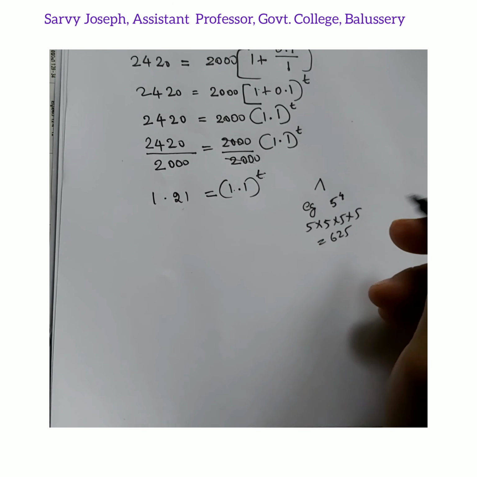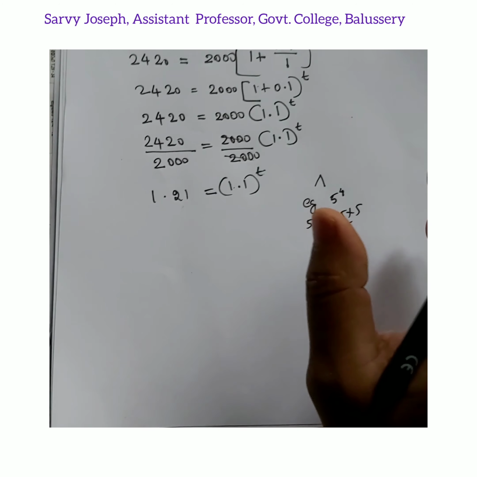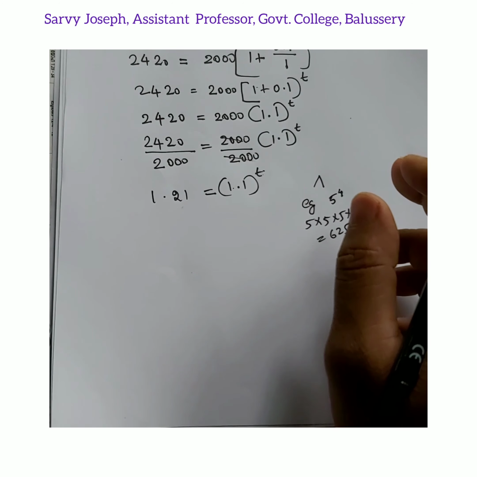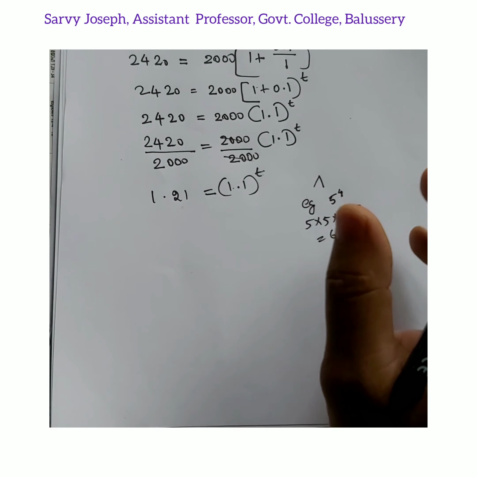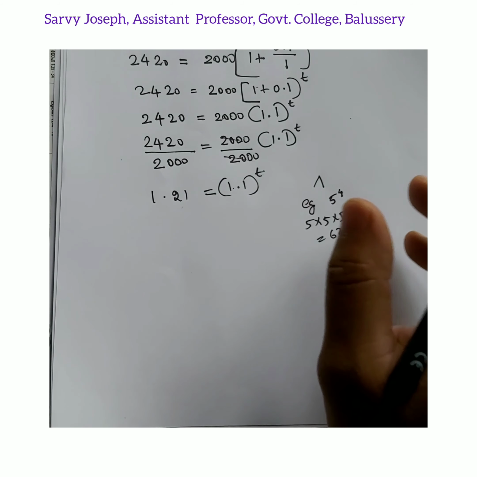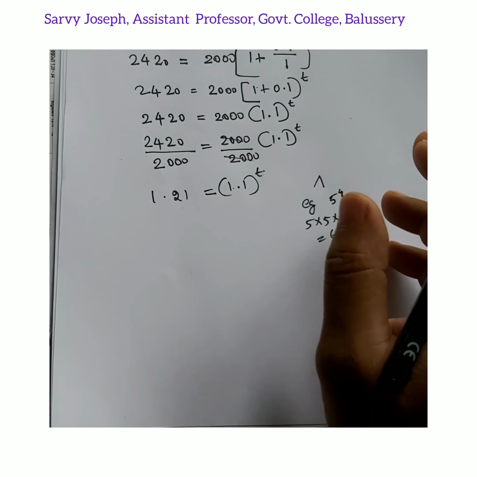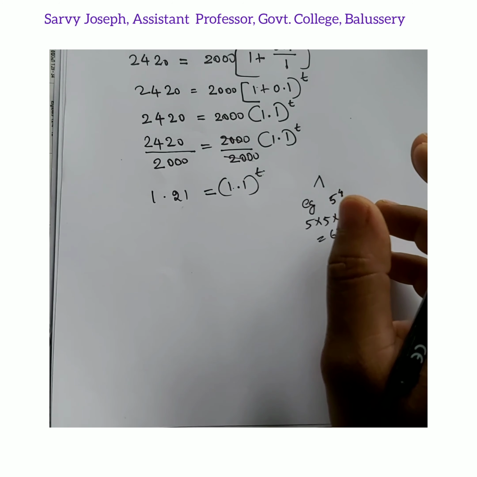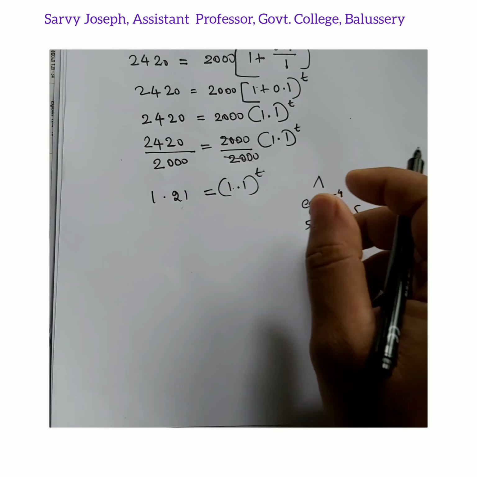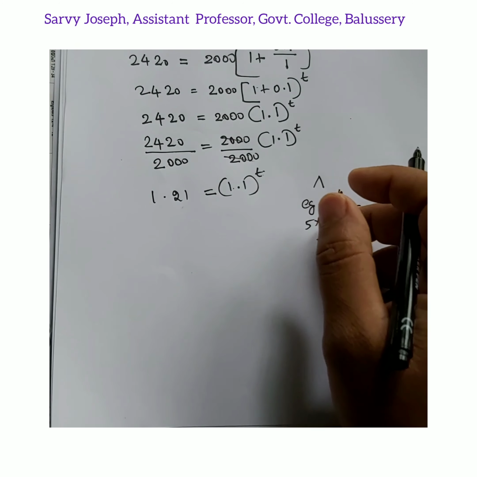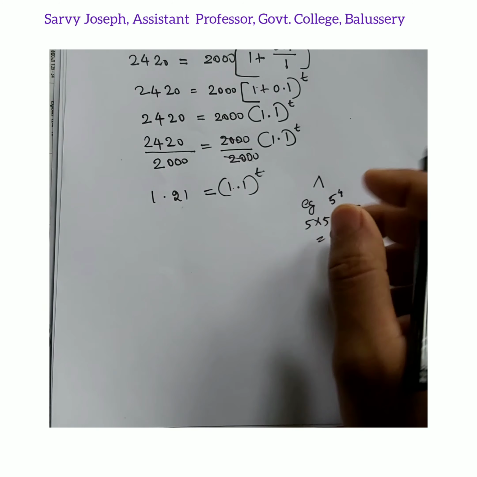So if you are solving for the time t, then we will need to use logarithm. There are 5 properties for logarithm. Property 5 is used here, the power rule. You might have studied these properties in your earlier classes, in your high school classes.